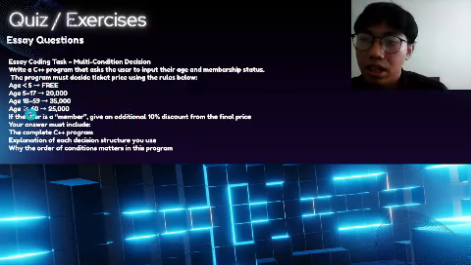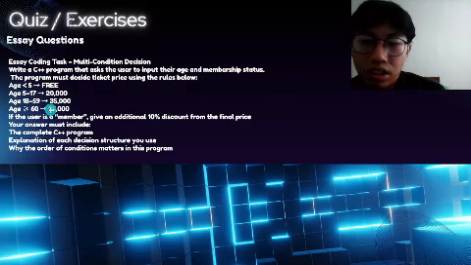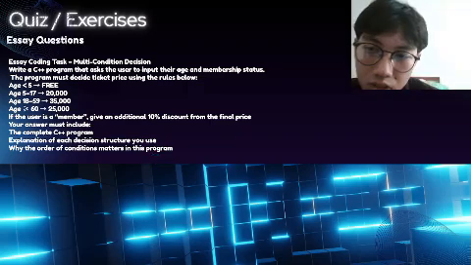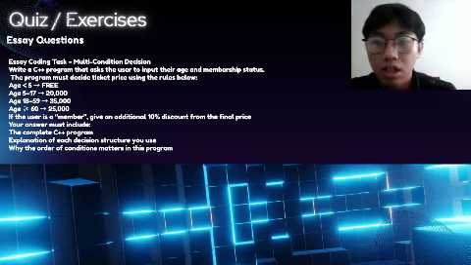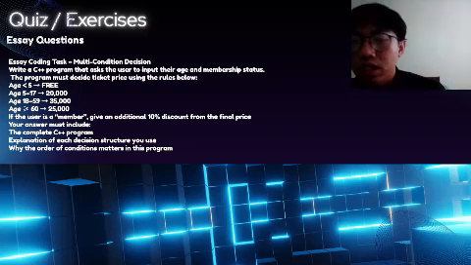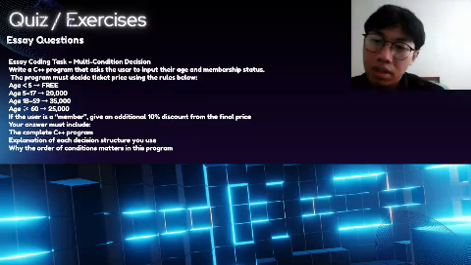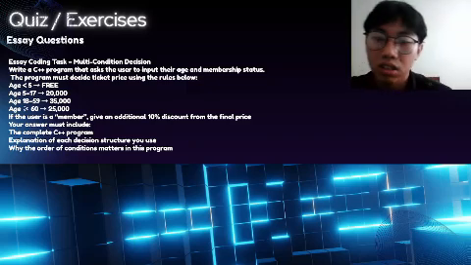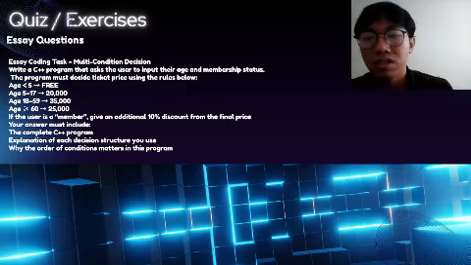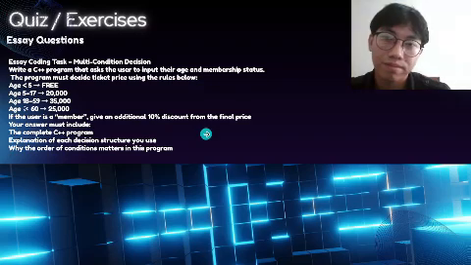Else, if the age is more than or equal to 60, the price is 25,000. If the user is a member, give an additional 10% discount from the final price. Your answer must include the complete C++ program, an explanation of each decision structure you use, and why the order of conditions matters in this program.